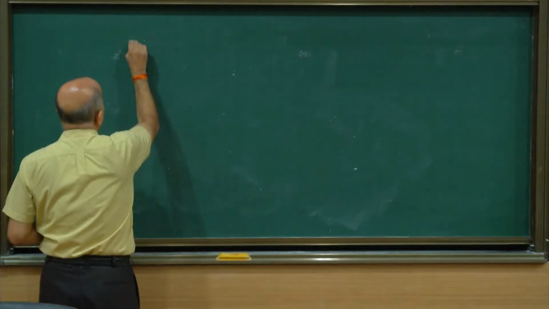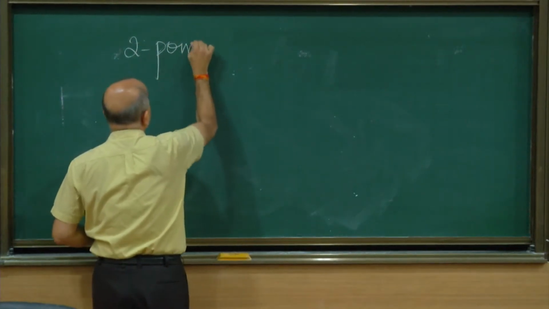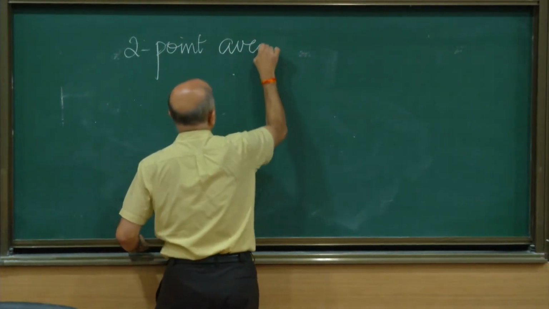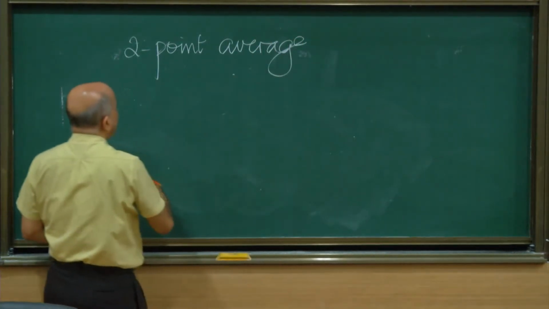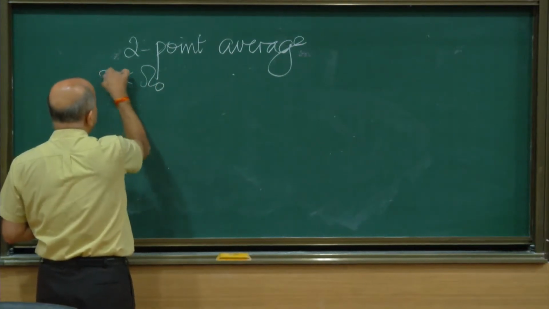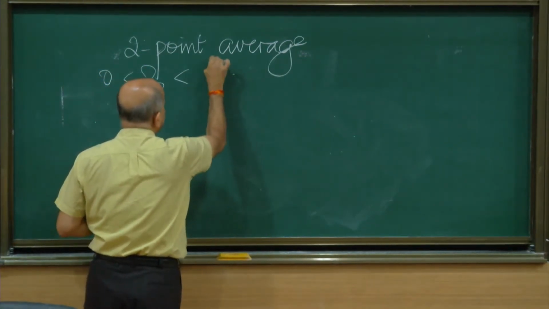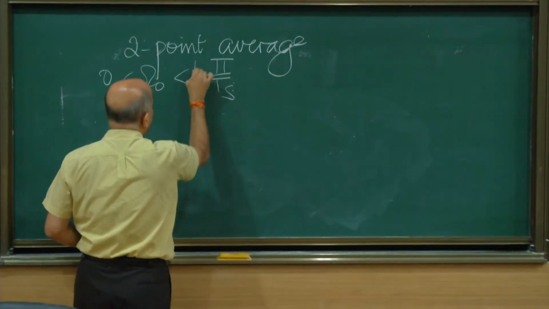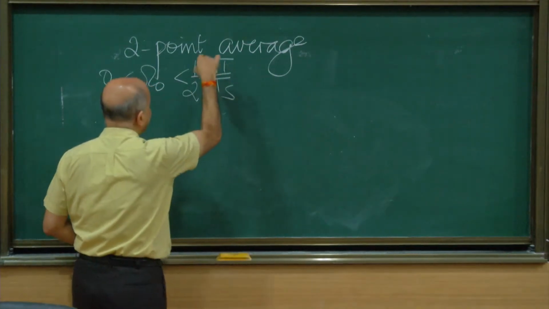So we have the 2-point average, and we have obeyed that omega naught is between 0 and pi by Ts, or half of 2 pi by Ts.